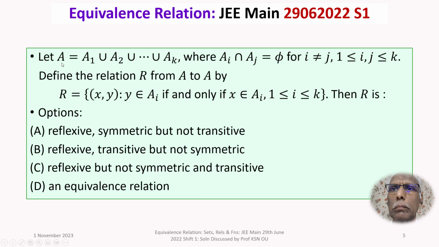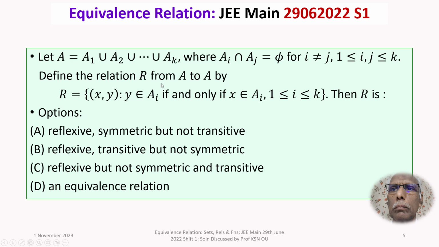We are given a set A as the union of K sets, A1 union A2 union AK, where Ai intersection Aj is empty. That means A is the union of pairwise disjoint sets, and Ai intersection Aj is an empty set for i not equal to j, where i, j varies from 1 to K. It is also given the definition of the relation considered in this problem.